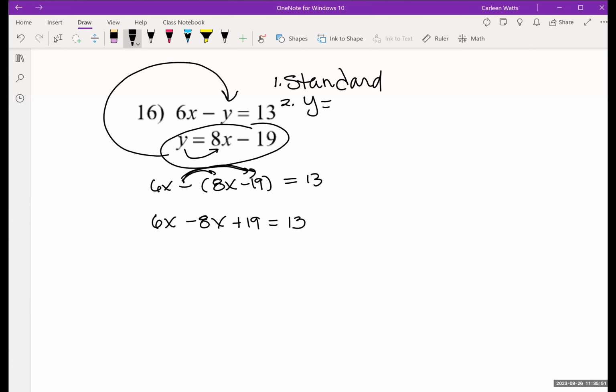Okay, don't forget those parentheses. Okay, let's combine like terms. Negative 2x plus 19 equals 13.